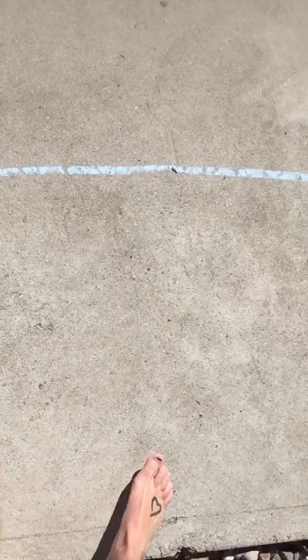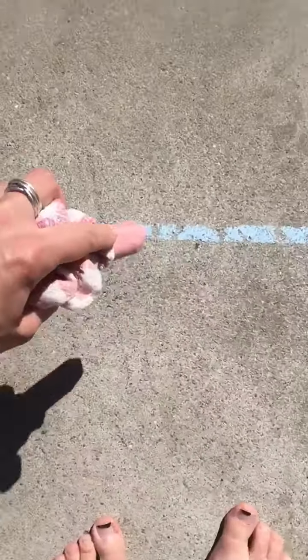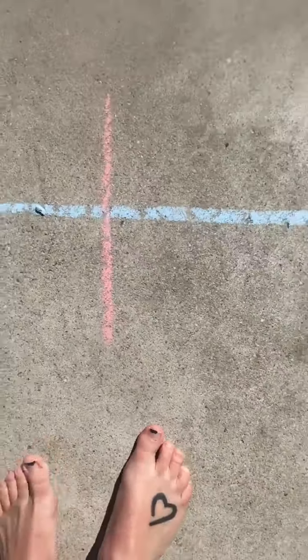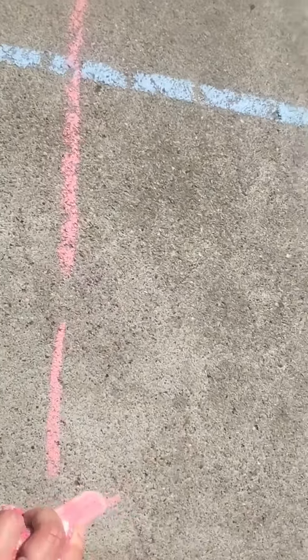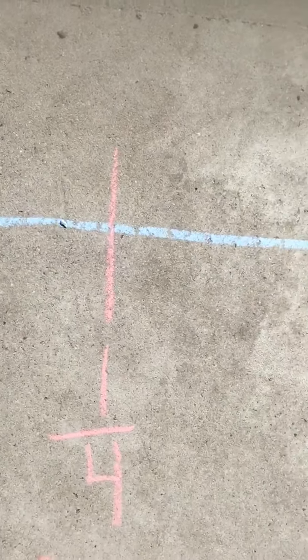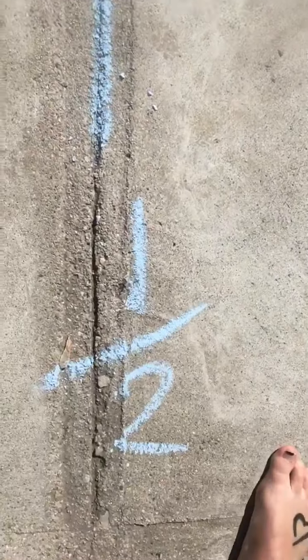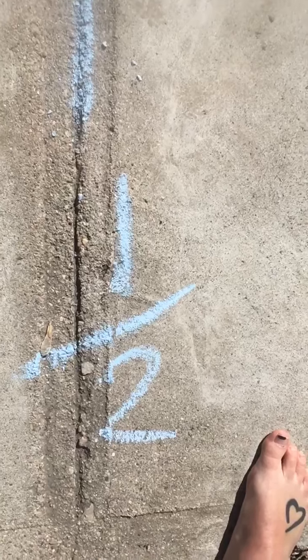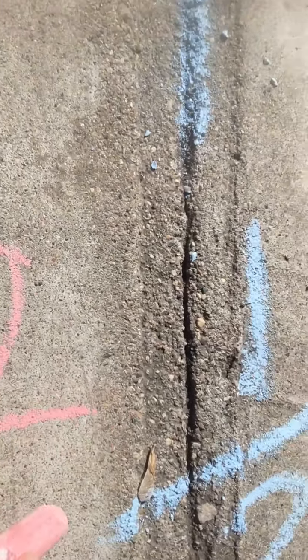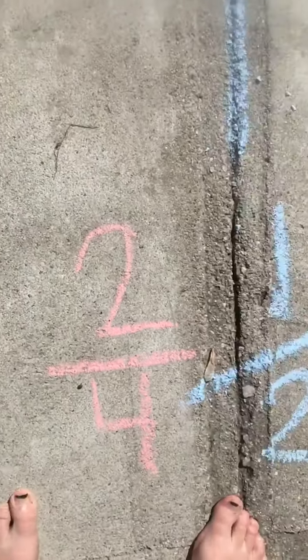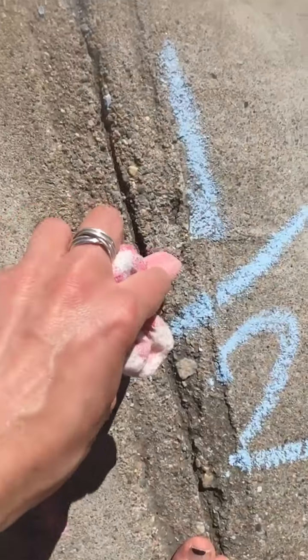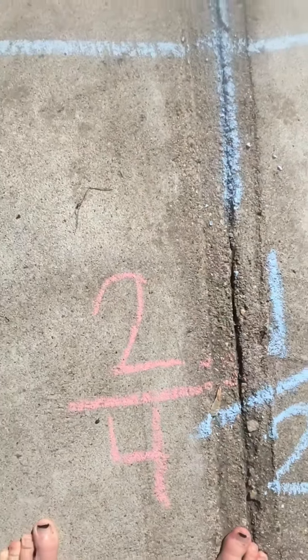So we can do one piece about here. It's going to be our 1/4. And then at the half mark, what's equivalent to 1/2? If you said 2/4, you're absolutely correct. Those two equal each other.